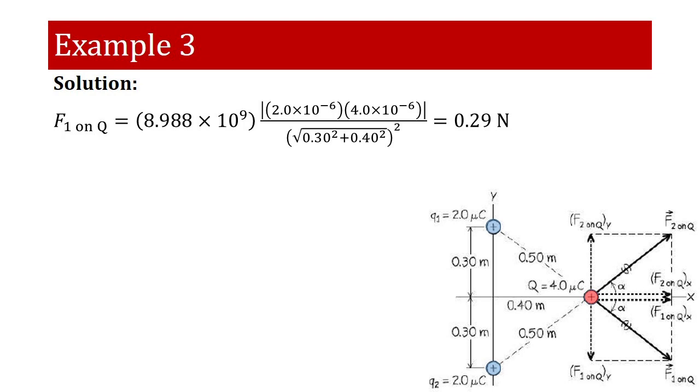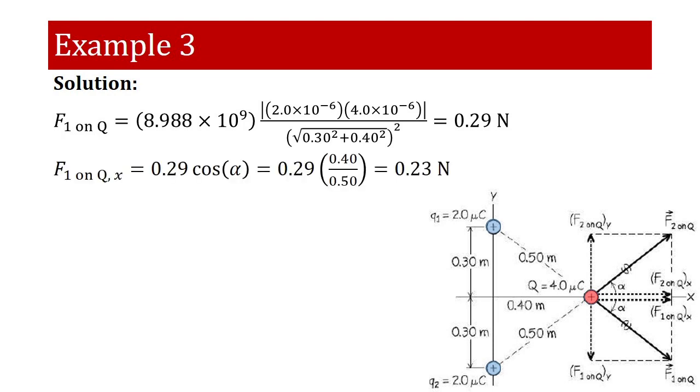You break it down into x component and y component. So, take the x component of F1 on Q. And you will apply trigonometry here. So, you see in the figure the alpha there. To solve the x component, you will use the cosine function.